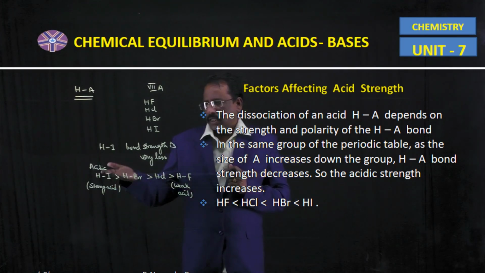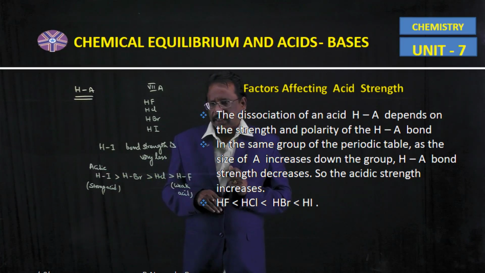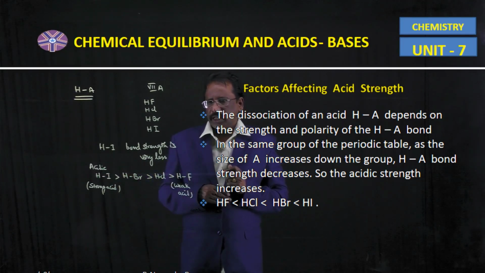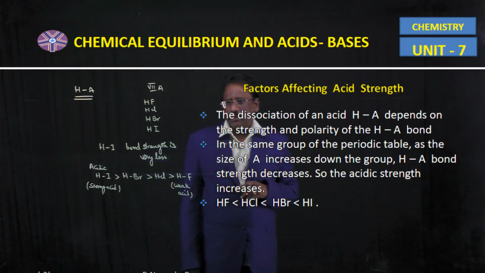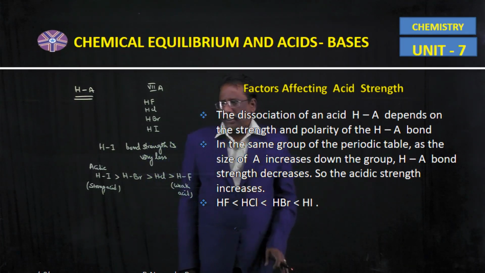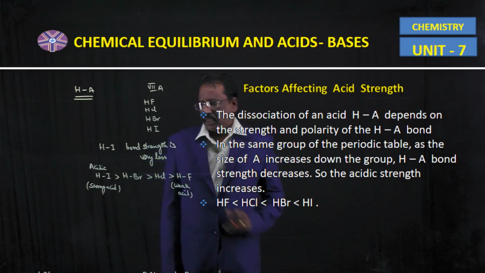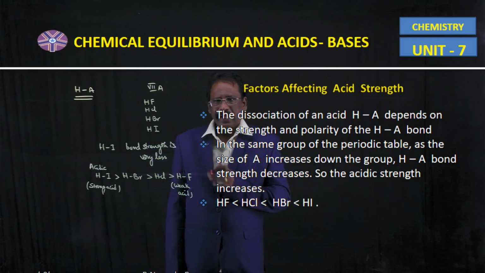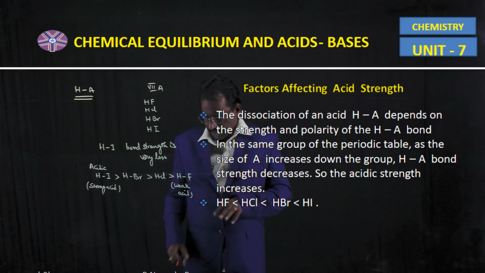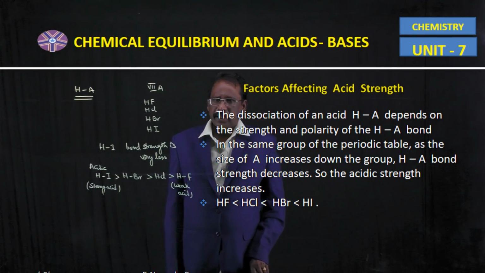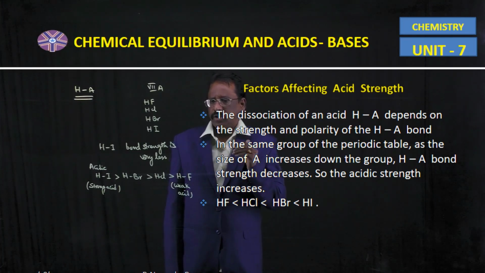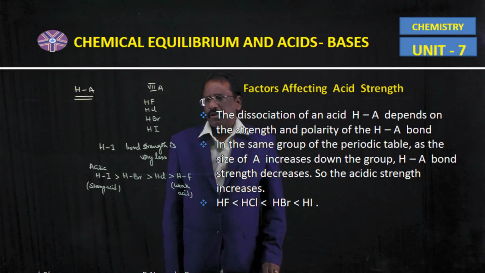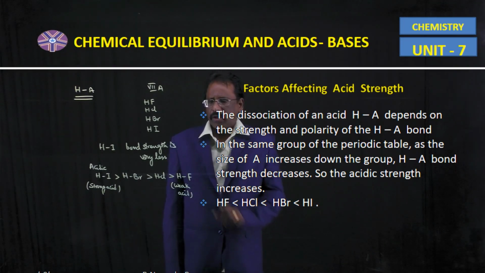So it produces H plus ions very easily when it is dissolved in aqueous medium. So among hydrogen halides, HI acts as strong acid and HF acts as weak acid. That means the dissociation of the acid here depends upon the strength of the bond, but not the polarity of the bond.